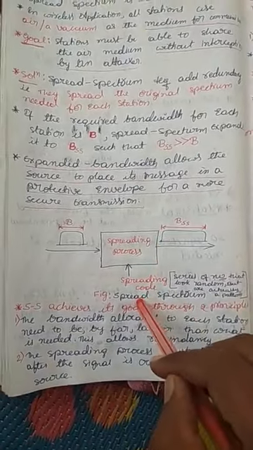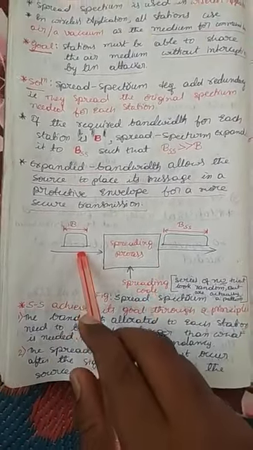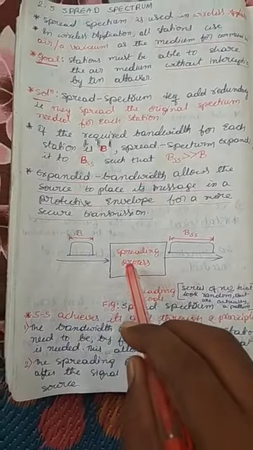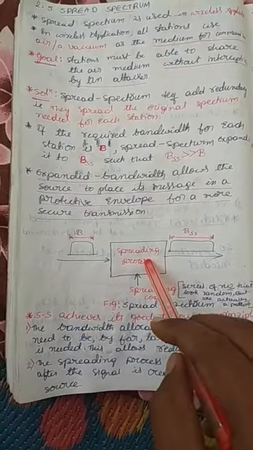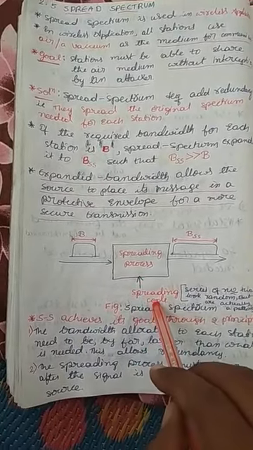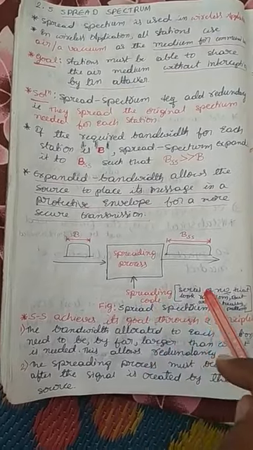Observe this figure. This is the source bandwidth spreading process. For the spreading process, we apply a spreading code. What is meant by a spreading code?